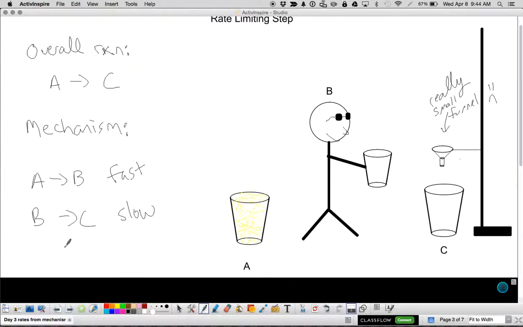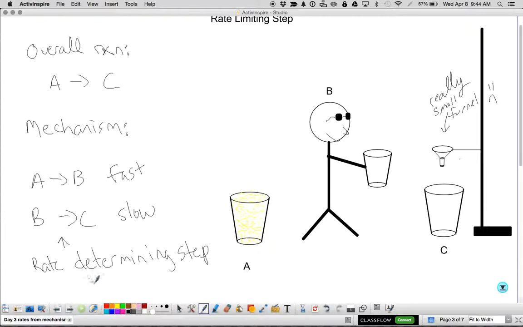So we call the slow step in the mechanism the rate determining step, which we sometimes abbreviate RDS. Okay, so the rate determining step determines how fast your overall reaction goes.